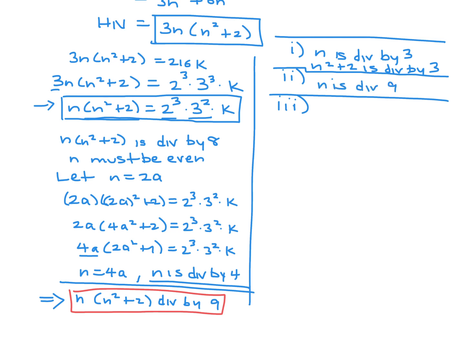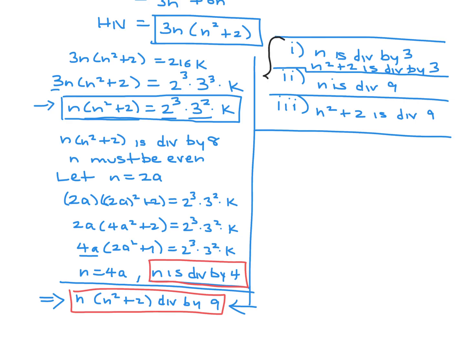And the third scenario would be just that n squared plus 2 is divisible by 9. Okay, so we got those three for this one. Now, of course, we have to look at the other one, which is n is divisible by 4. So we have to do a little bit more exploration with these three. Okay, so let's try that.